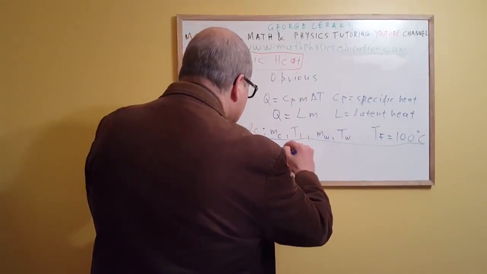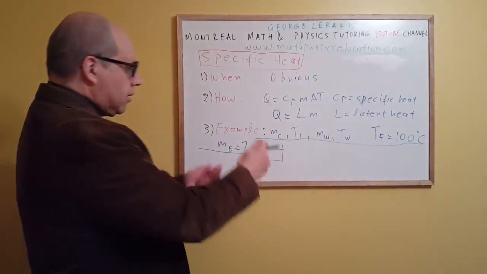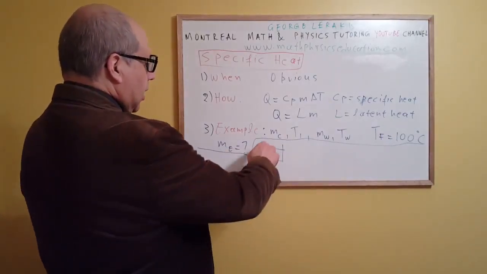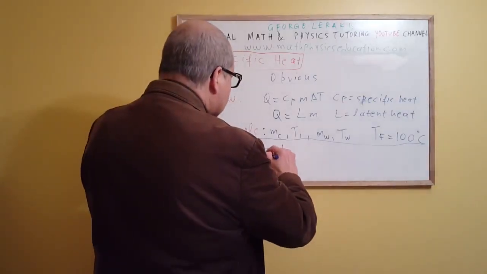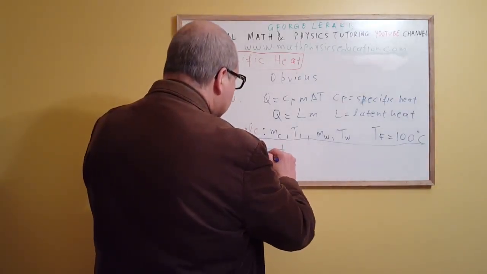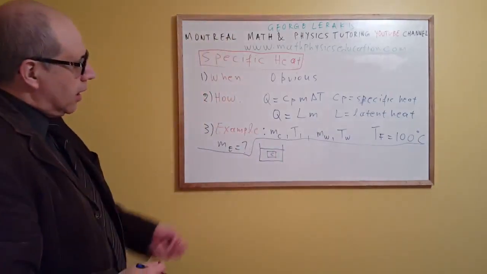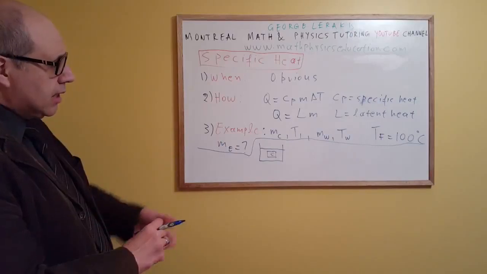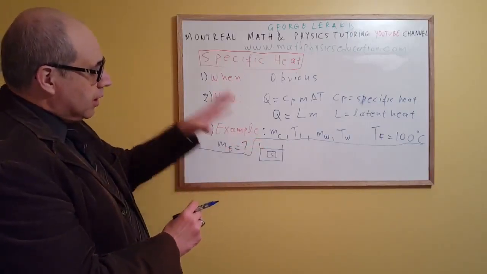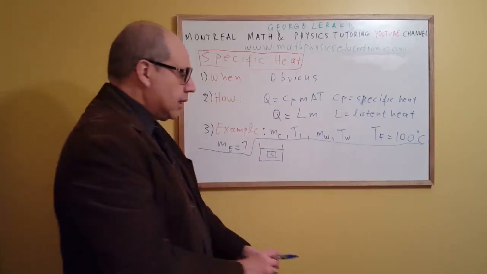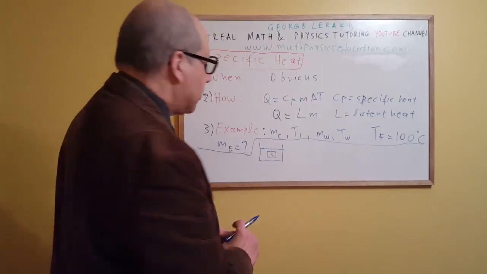Let's say this is the container, and this here is the water, and you insert inside a piece of copper. You leave this until both of them are at a temperature of 100 degrees Celsius, and the whole system is in equilibrium.